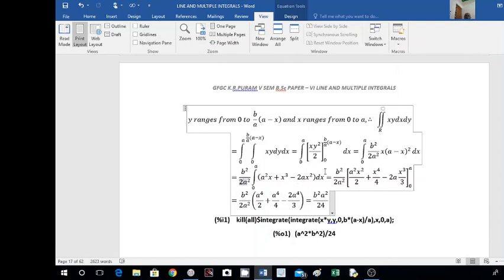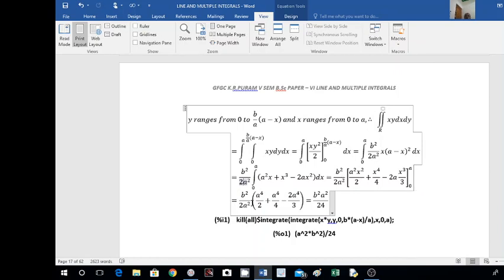I have to integrate this with respect to x now, with b squared by 2a squared outside the integral sign as it is. The integration of a squared x is a squared x squared by 2, plus the integration of x cubed is x to the 4 by 4, minus 2a, a constant as it is, times the integration of x squared, which is x cubed by 3. This is between 0 and a.